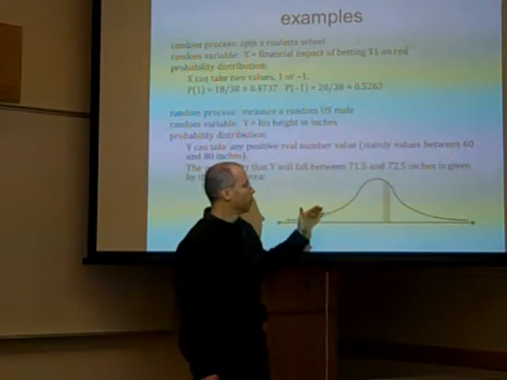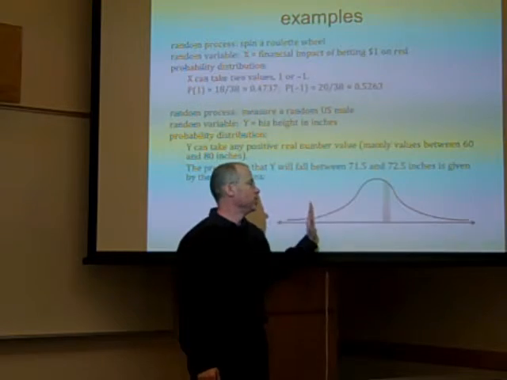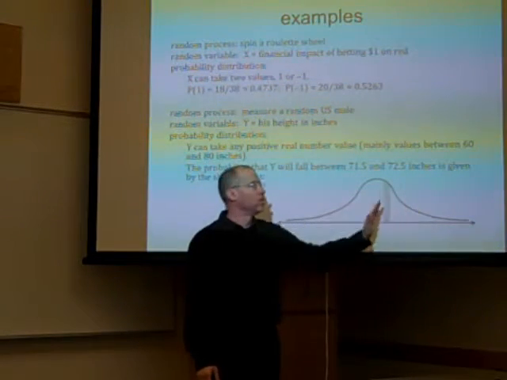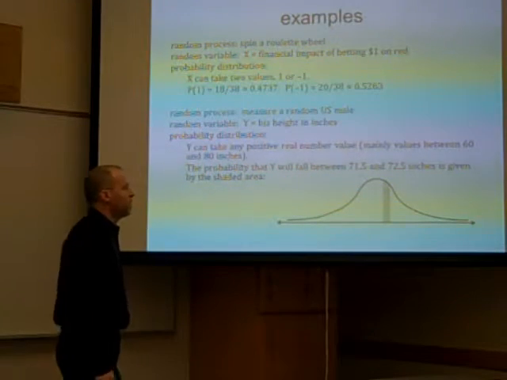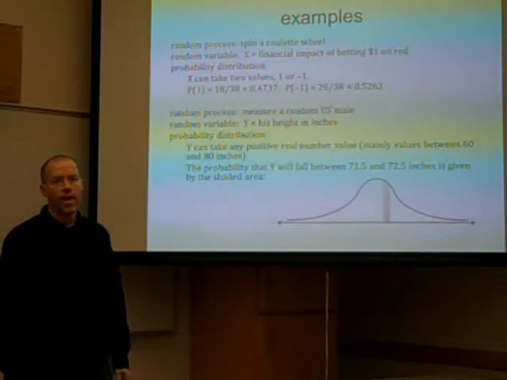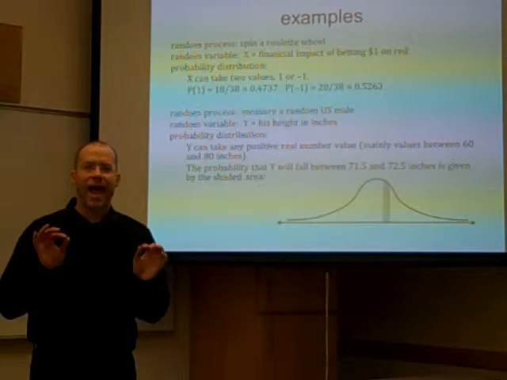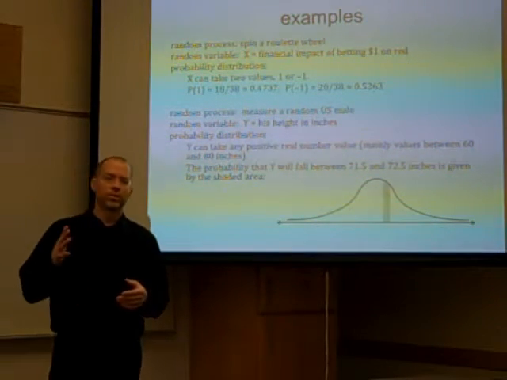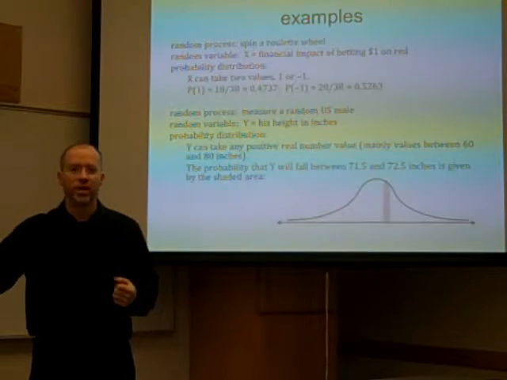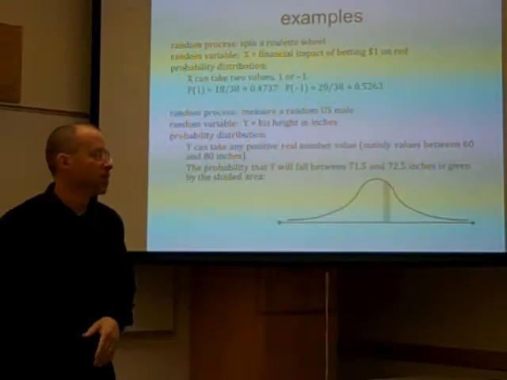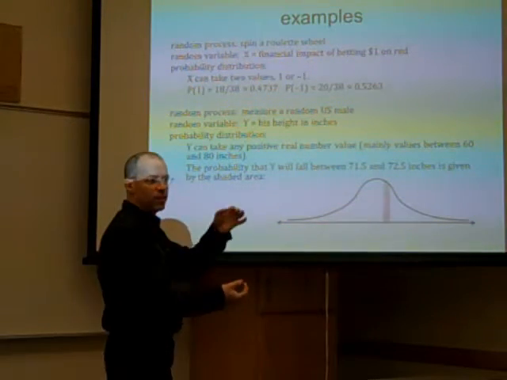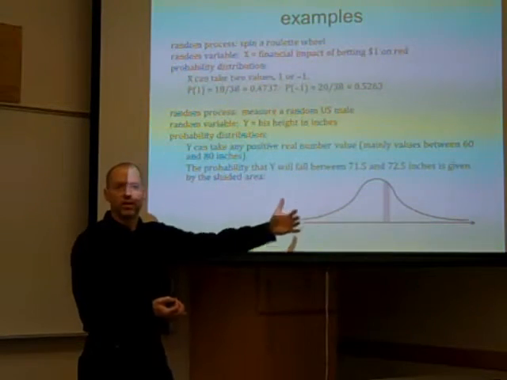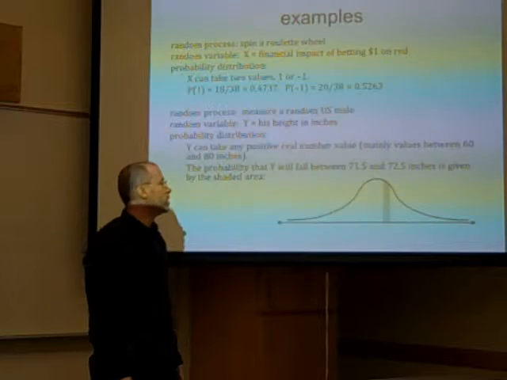In a continuous probability distribution like this, where the value can take any real number on an interval, in theory the probability that a randomly selected male will be exactly 6 feet tall, 72.00000000000 inches, is in theory 0, right? Because if you can measure accurately enough in one of those decimal places, you're going to differ somewhat from 72.0.